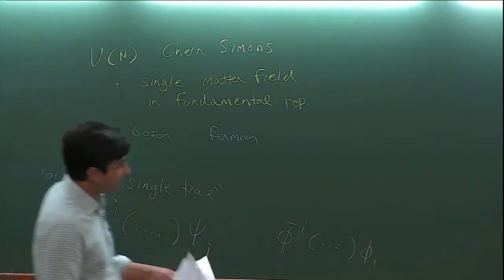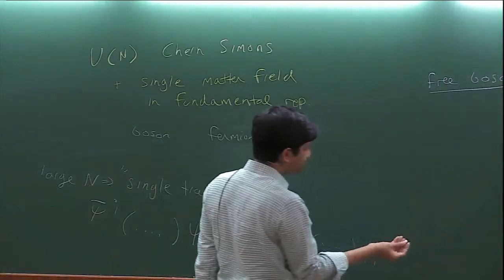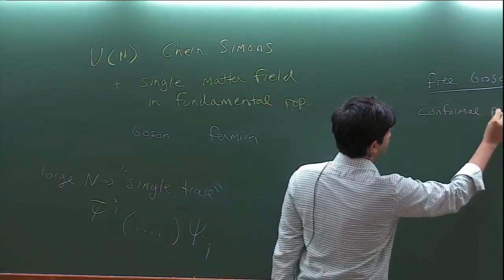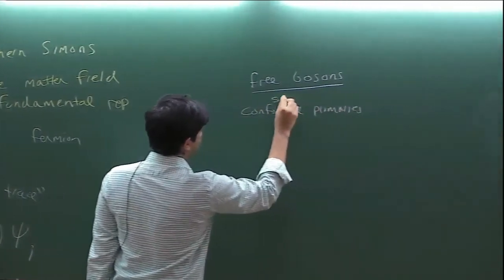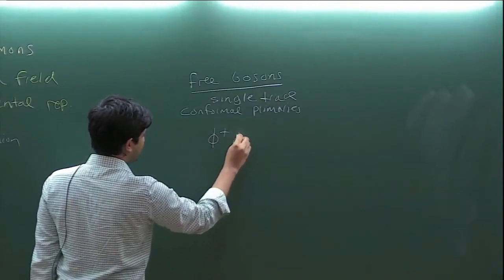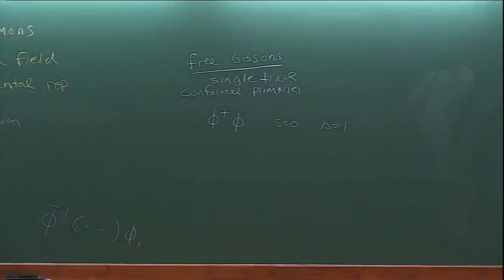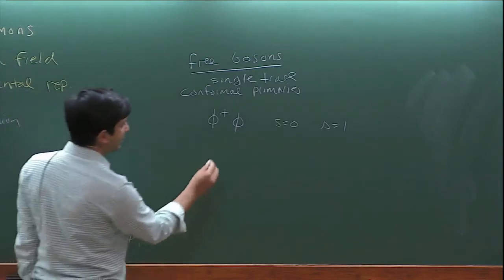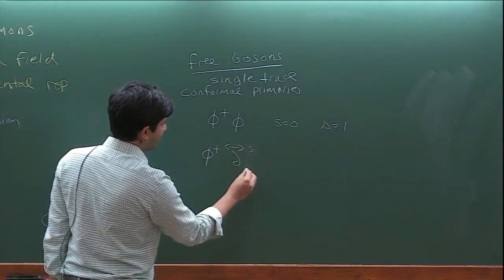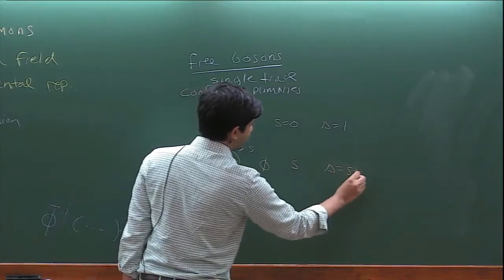In a theory of free bosons, we find that the conformal primaries are a scalar field, which has spin 0 and Delta equals 1 because a boson in 3 dimensions has dimension 1/2, and also a tower of operators that schematically take the following form, with general S and Delta equals S plus 1.